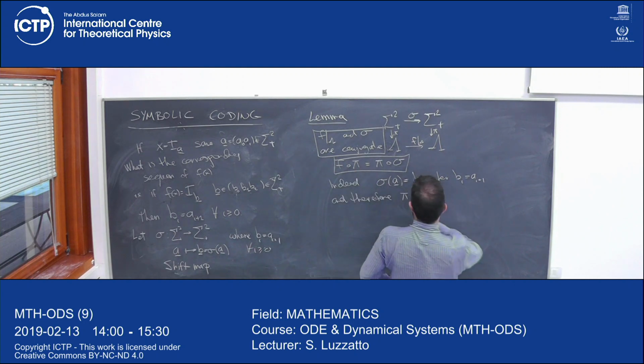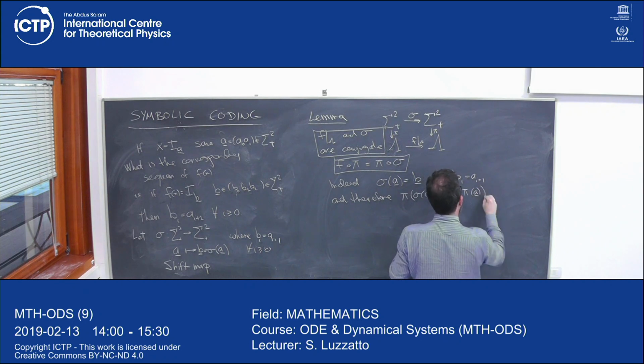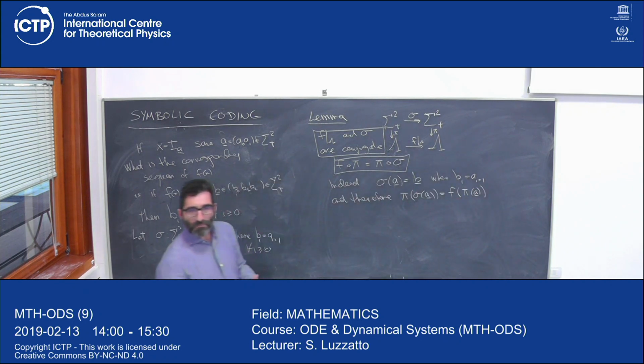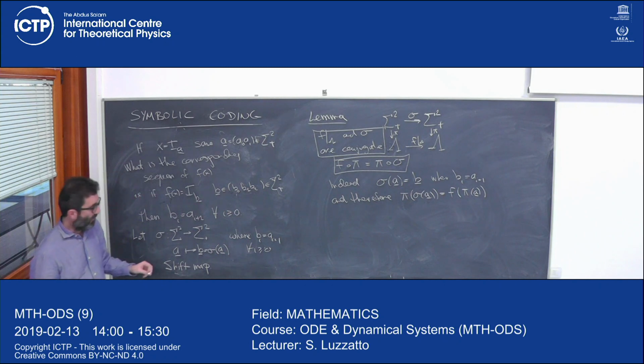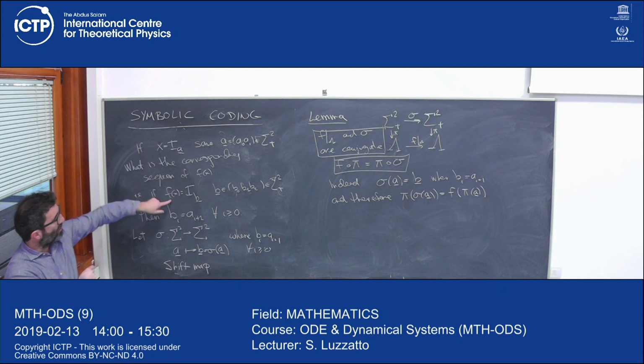So pi of sigma A is equal to f of pi of A, which is the point associated with A, just because of what we said before, by this observation here.